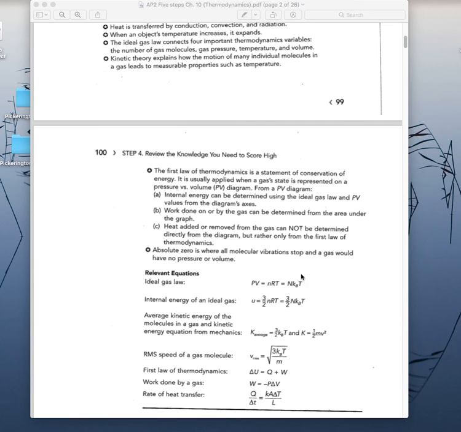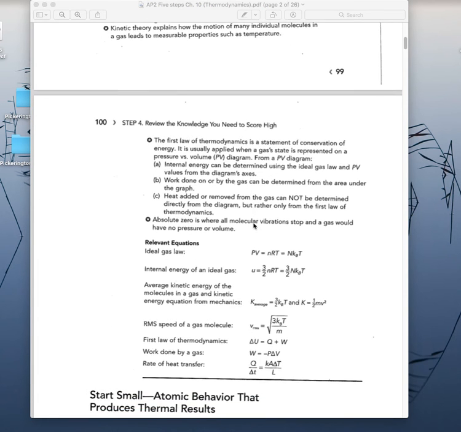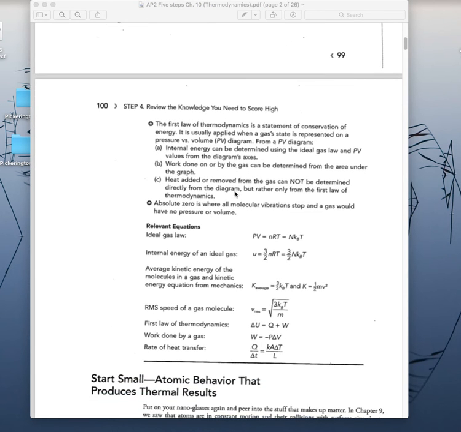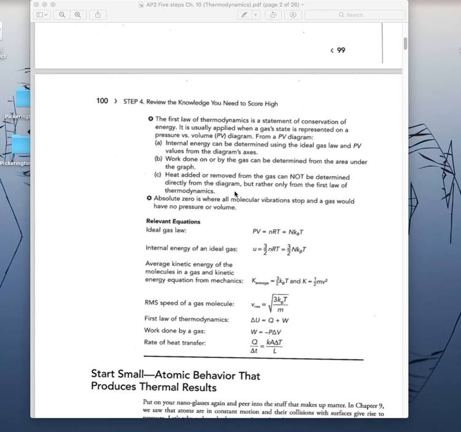And the idea is that the internal energy is directly related with temperature. Work can be determined by the area under the graph. And that would be positive or negative depending on whether the volume is expanding or contracting. Heat can't be determined directly from the diagram, but rather from the first law of thermodynamics. We did some examples in class with that.